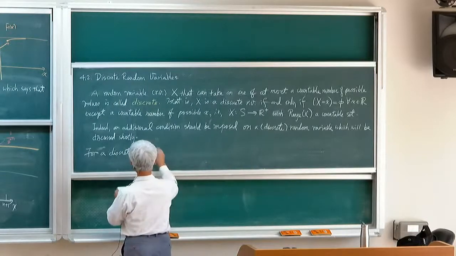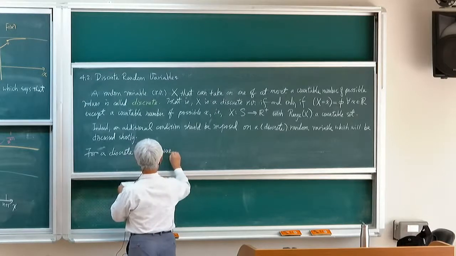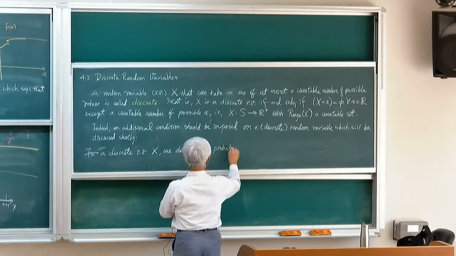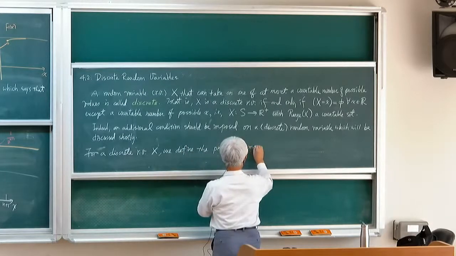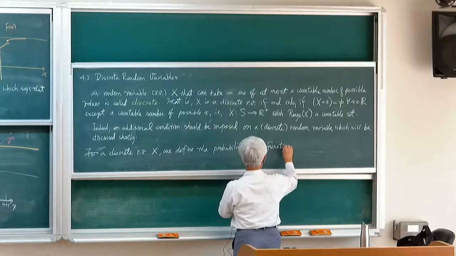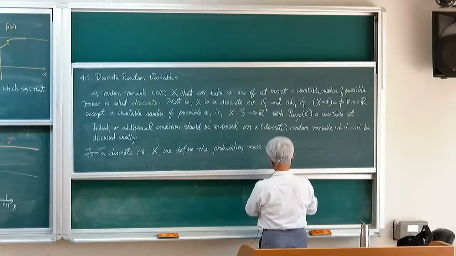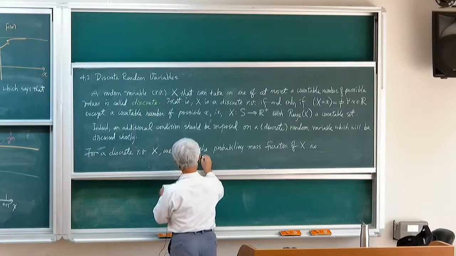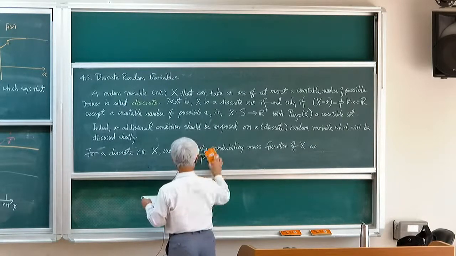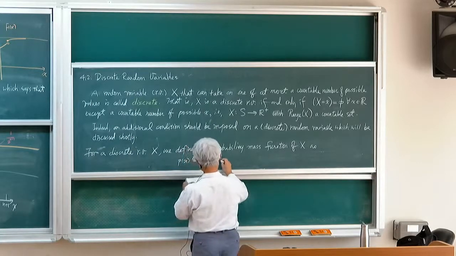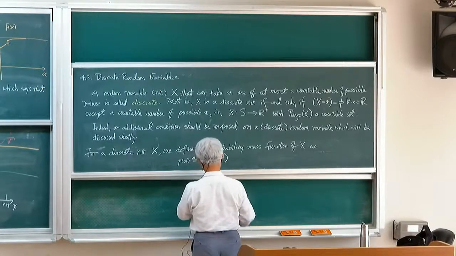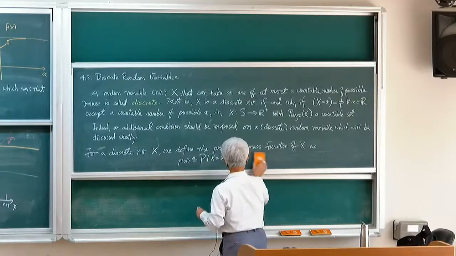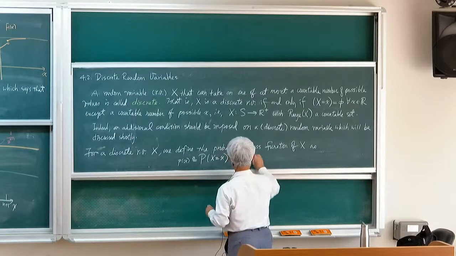So for a discrete random variable, we define the probability mass function of X as little p_X, defined to be the probability of X equal to little x.